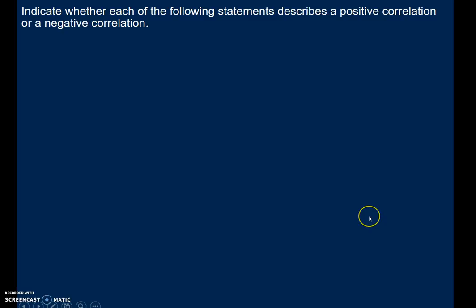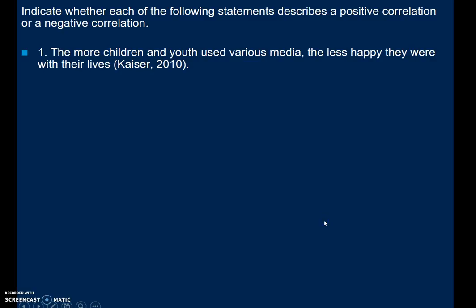So let's see if you can do this. Indicate whether each of the following statements describes a positive correlation or negative correlation. The more children and youth used various media, the less happy they were with their lives, based on a study from 2010. Would it be a positive correlation or a negative correlation?